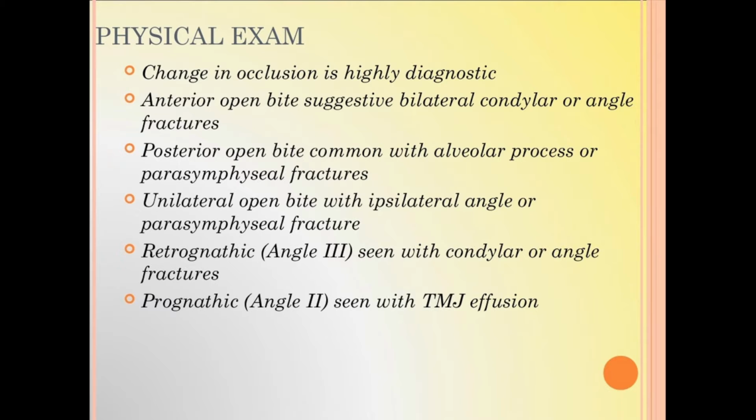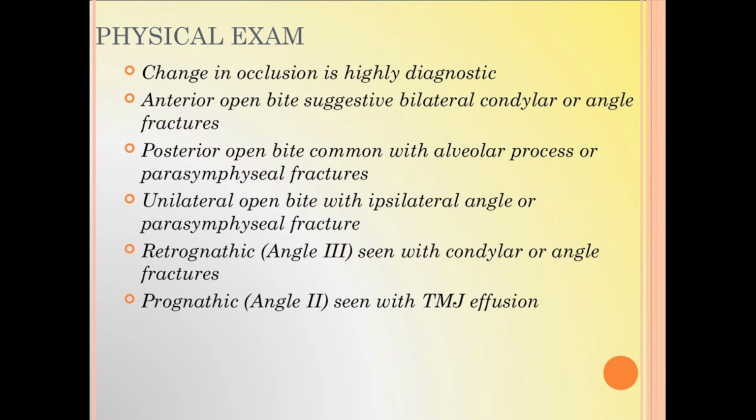For diagnosis, imaging of the maxillofacial region is used along with physical exam. Change in the occlusion is highly diagnostic. Anterior open bite suggests bilateral condylar or angle fracture. Posterior open bite is common with alveolar process or parasymphyseal fracture.